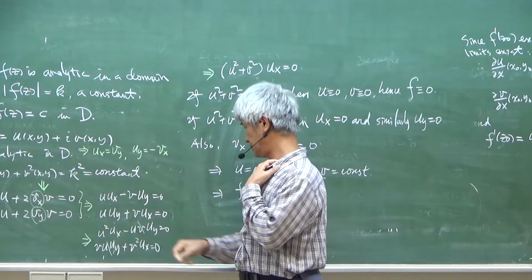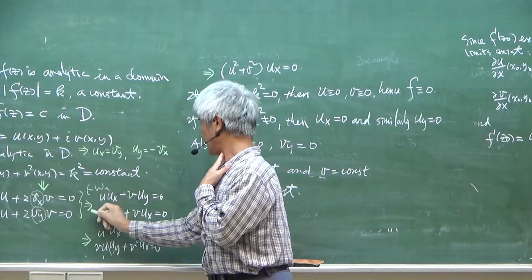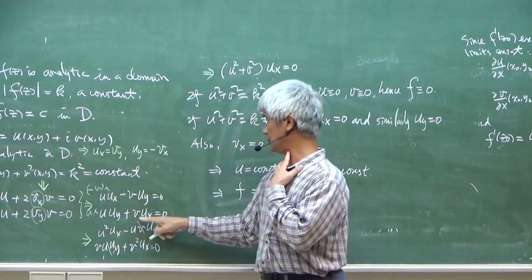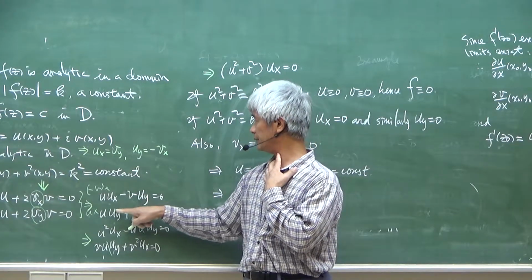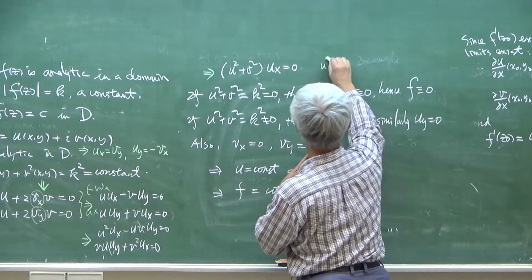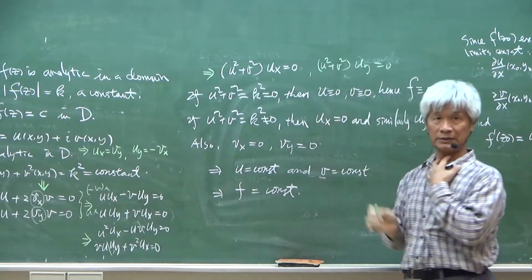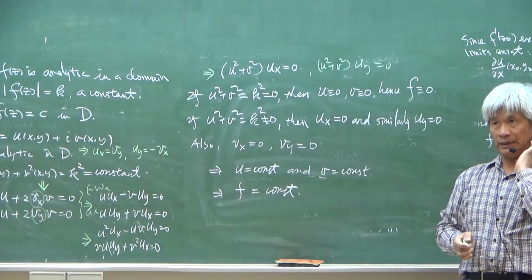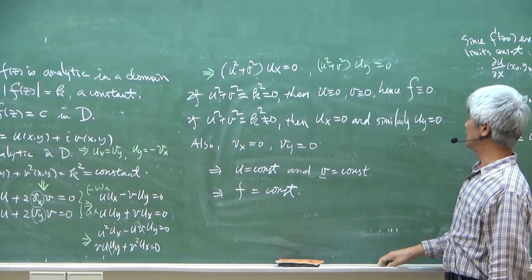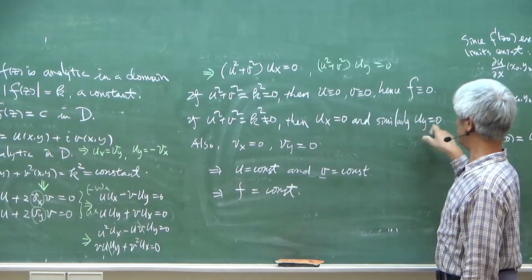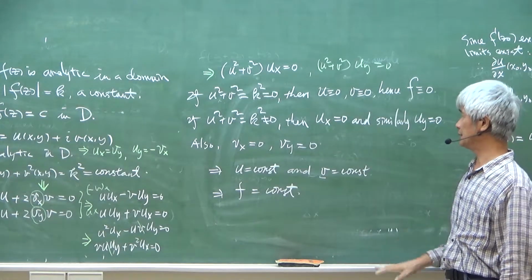Then you will cancel these two terms and get a similar expression. Because once you know ux is 0 and uy is 0, the only choice is that u is a constant, and by integration, you know that.